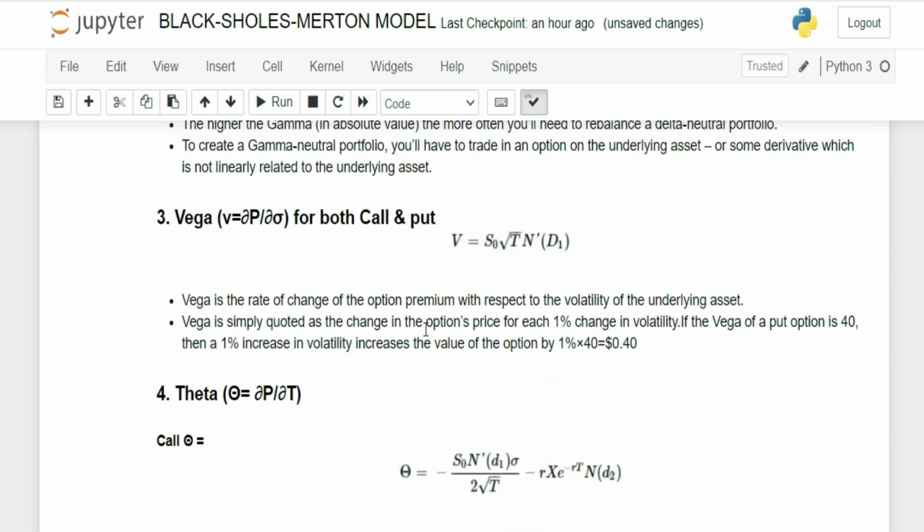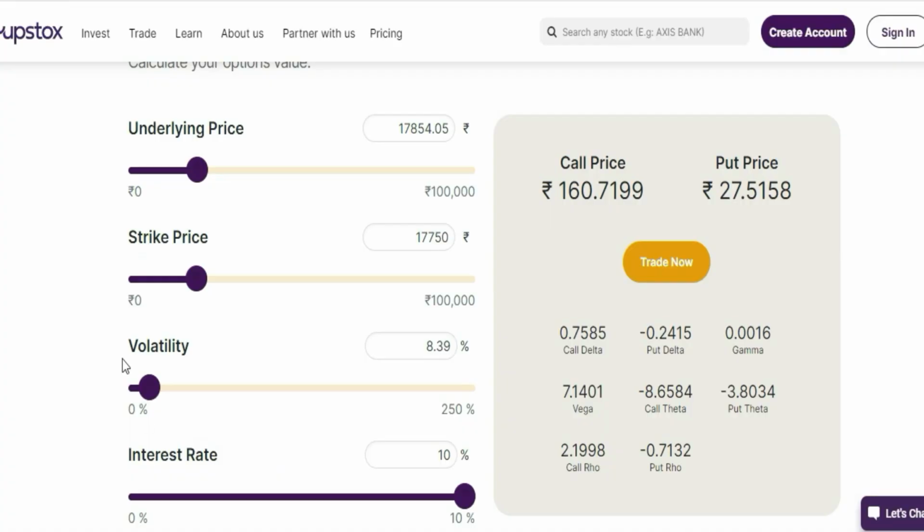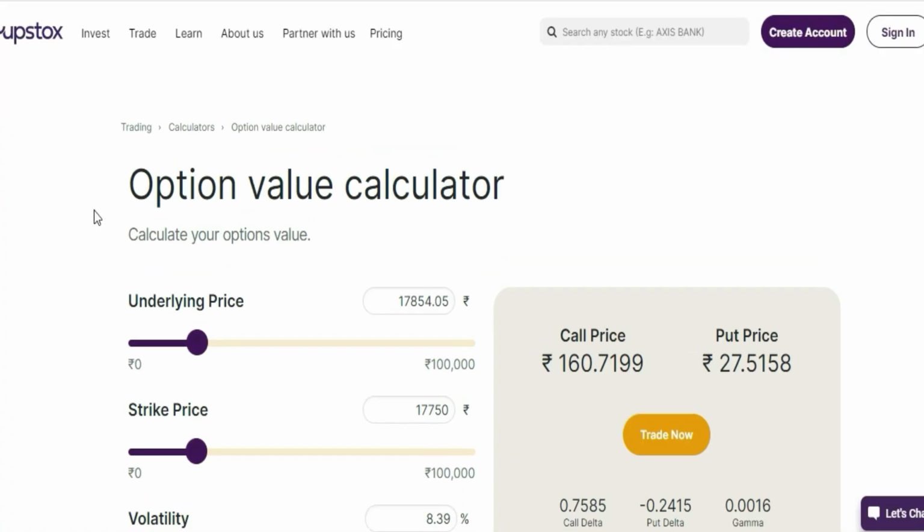Before that, I'm going to look at one calculator here. This is an option value calculator, which is available on the internet, and this is Upstox. Upstox is a broker which we generally use in India to trade in NSE and BSE, to buy stocks, derivatives and all.